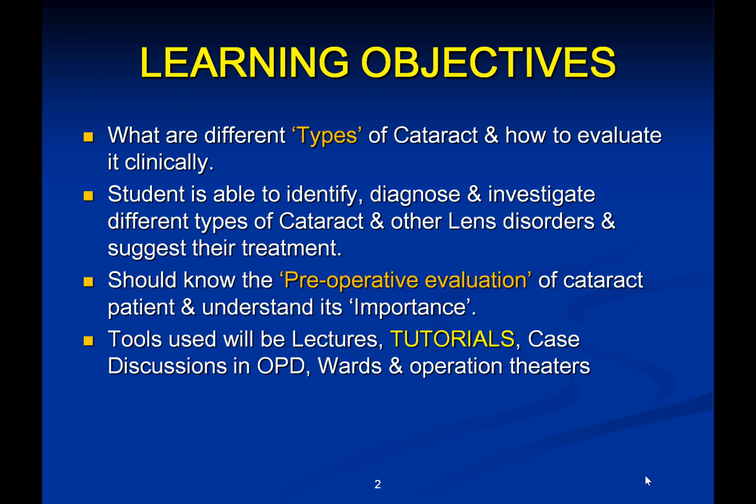What are the important points to ask in the history? And once the patient is with you, what are the important elements of examination?